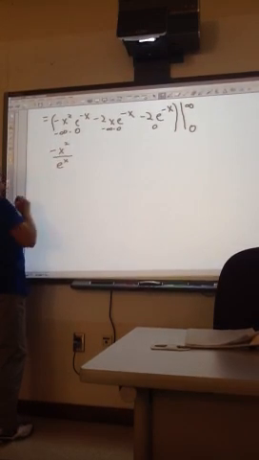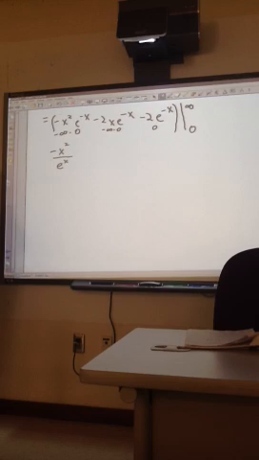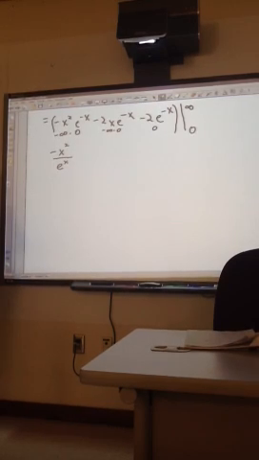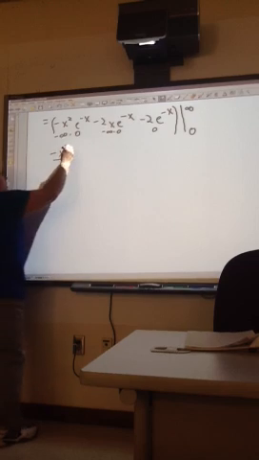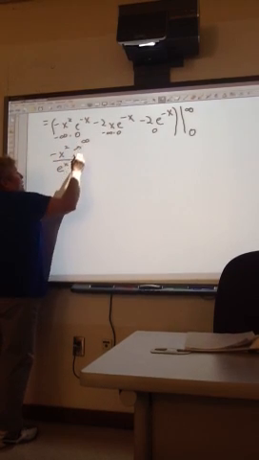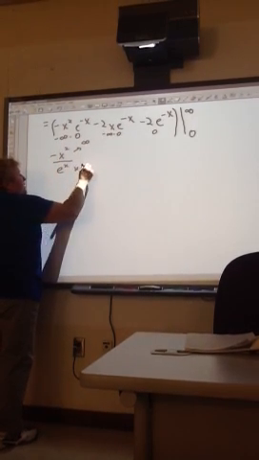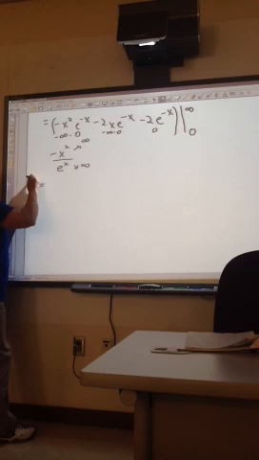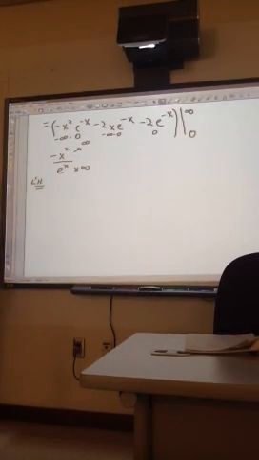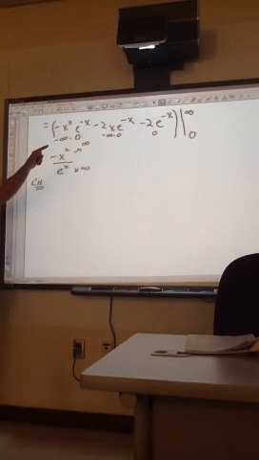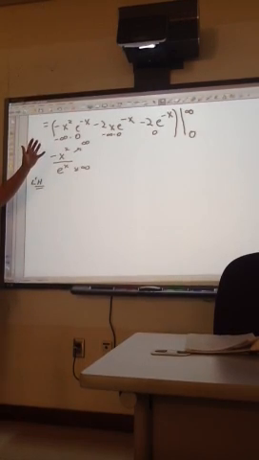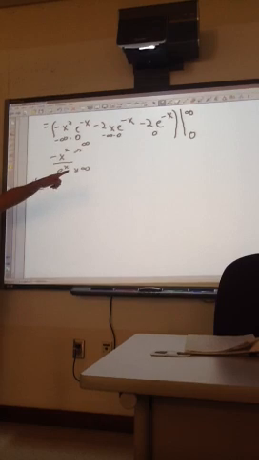The top goes to infinity, the bottom goes to infinity, so I'm okay for a little L'Hopital's rule on this piece. Fundamental theorem, you have to plug the top number in first. So I'm approaching infinity, and then I'm going to come back and do the 0 after I do all the infinities.